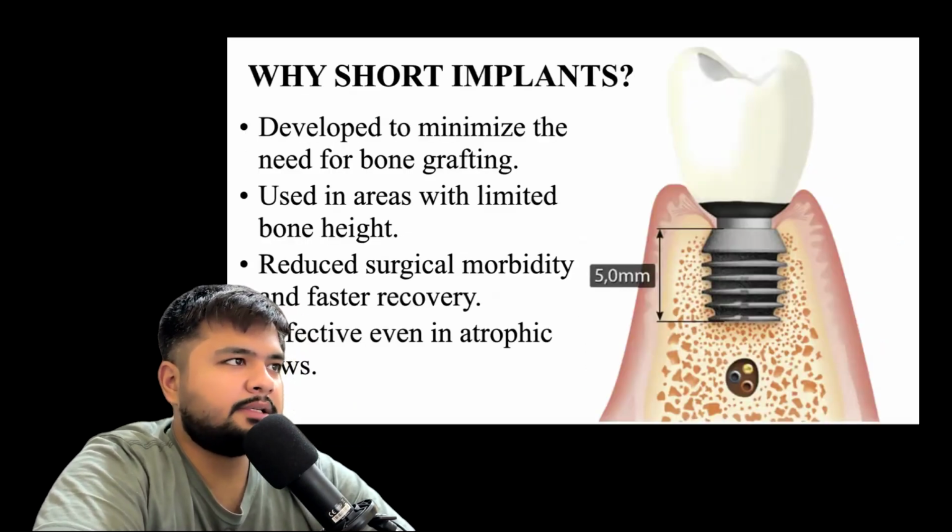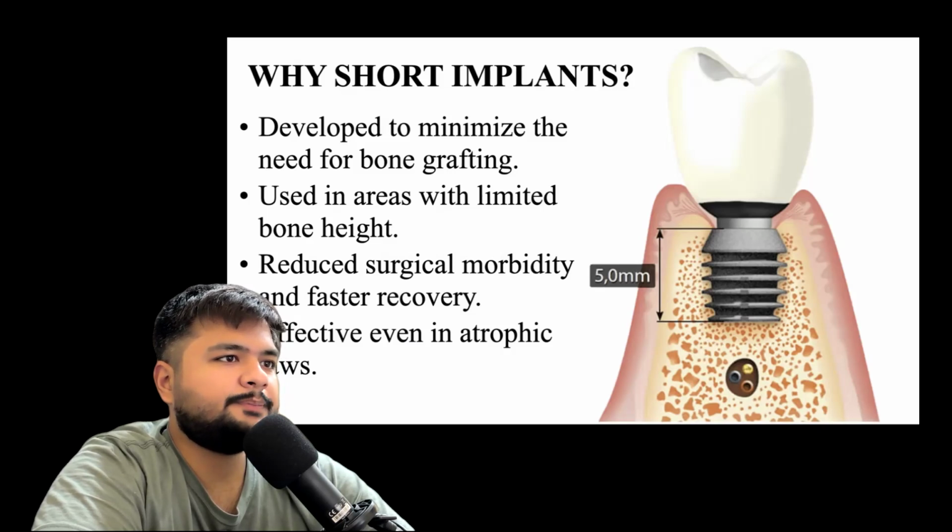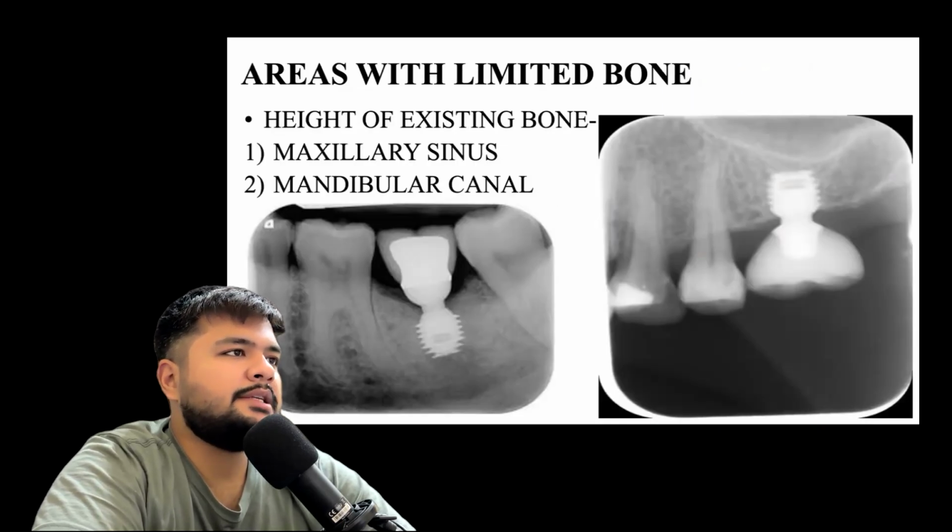Then, why short implants? They were developed to minimize the need for bone grafting, used in areas with limited bone height, reduced surgical morbidity and faster recovery, effective even in atrophic jaws. These are areas with limited bone height, like the maxillary sinus and mandibular canal, as discussed earlier.